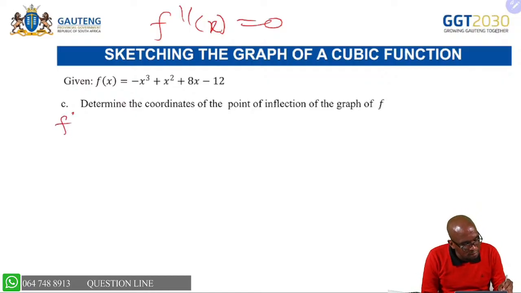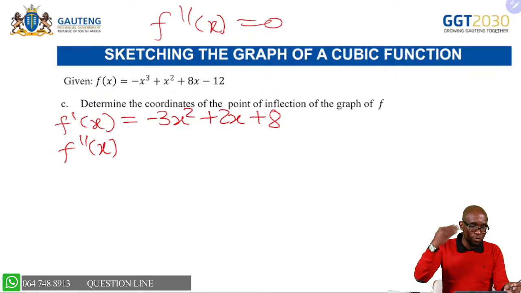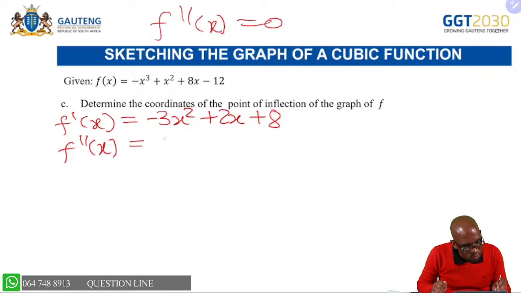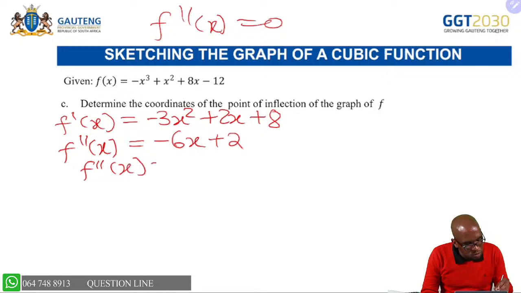So we find f dash x, the derivative of f with respect to x, which is minus 3x squared plus 2x plus 8. And then if we differentiate this a second time, we get minus 6x plus 2.